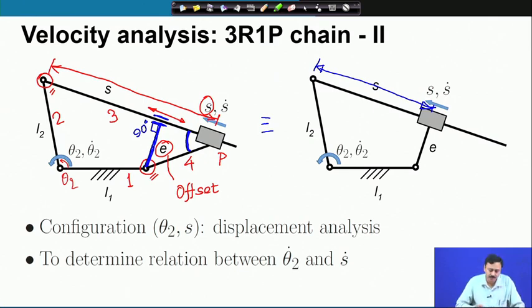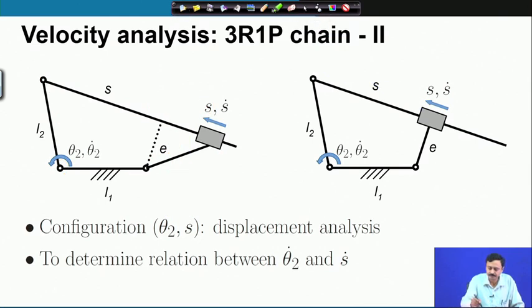Since this is a constrained mechanism, specification of theta 2 will also specify S, because we know from displacement analysis that given theta 2 I can always find S. I can also find this angle, which is theta 3.